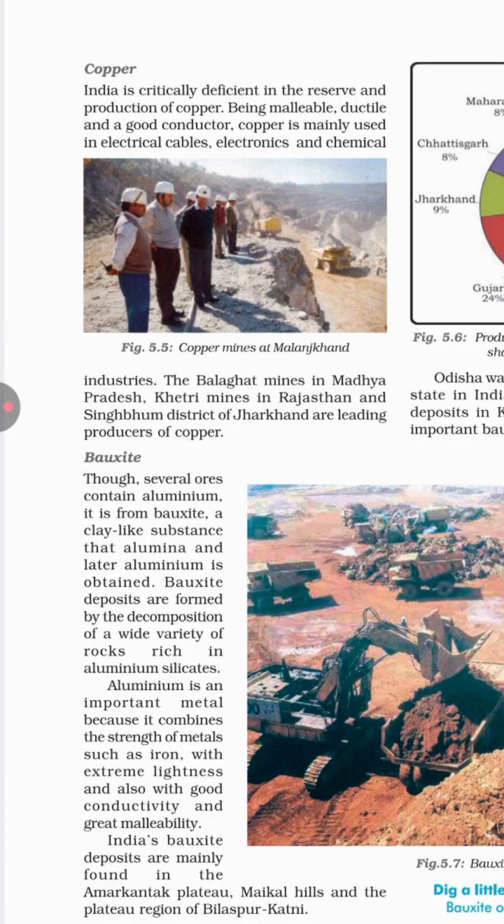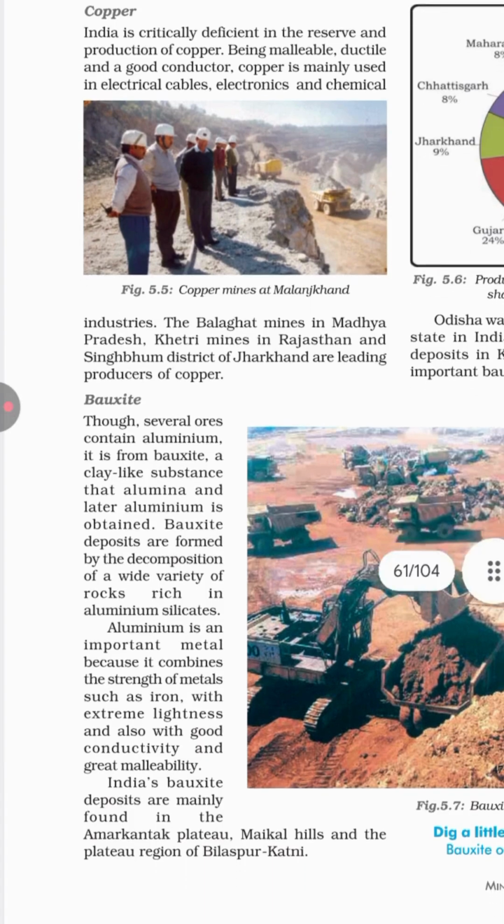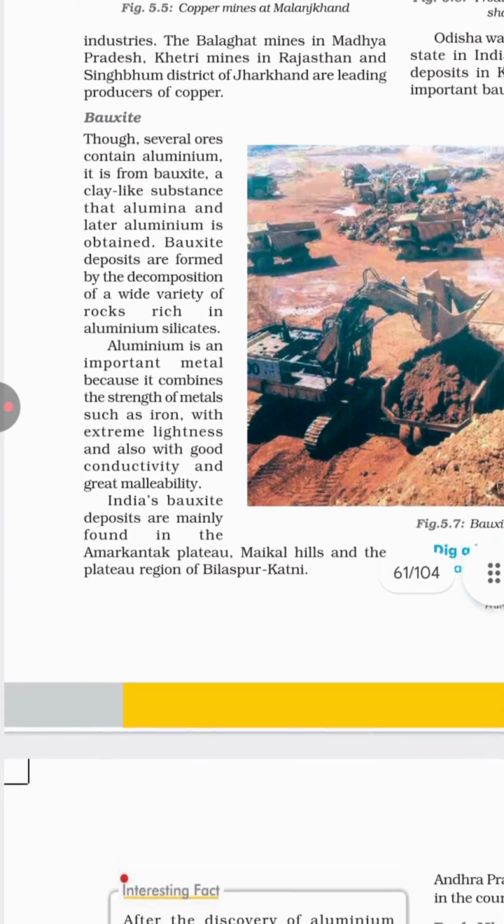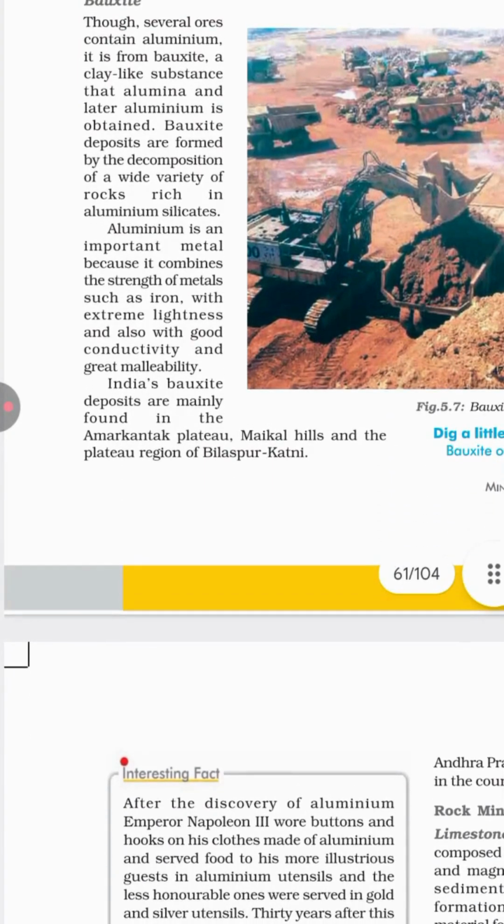Bauxite is the ore of aluminium, and you know aluminium is a good conductor of electricity. Its use has increased in the electronic goods industry. Aluminium, just like copper, was being used to make utensils, and bauxite is found in Amarkantak, Maikal Hills, and the Bilaspur-Katni Plateau region.